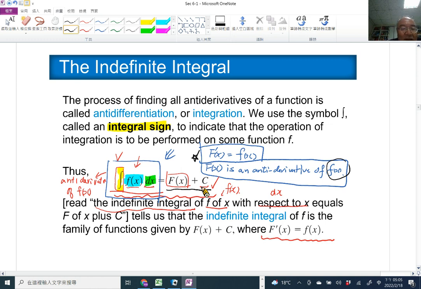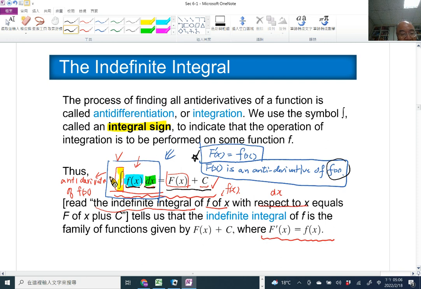To indicate this antiderivative comes from little f of x, on the left hand side we use f of x and use dx to indicate this is the variable. We do the derivative, and here we have a sign.